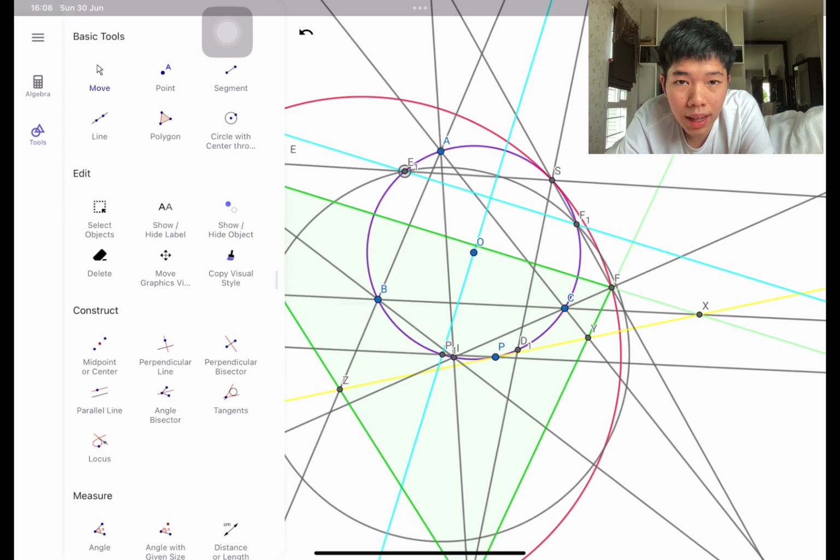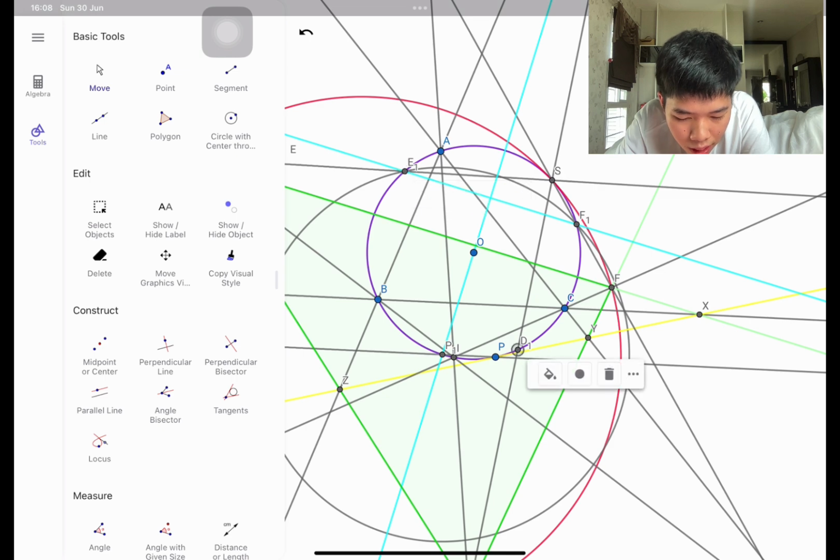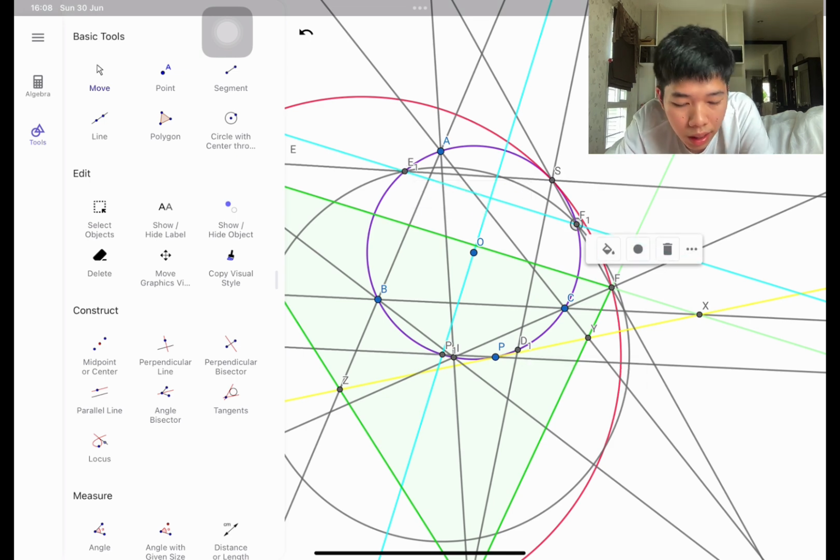And what's even more fascinating is that since we wanted E1D1F1 to be equal to 180 minus 2 times BAC, right? This means that we want E1P1F1 to be the same angle, right?